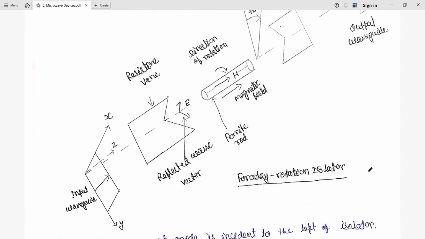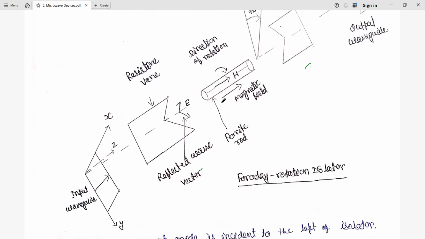Here, if you see in this part, we have the input waveguide and the input resistive card. Another is the output resistive card. This incoming wave is perpendicular to the resistive card, so it is going to pass.